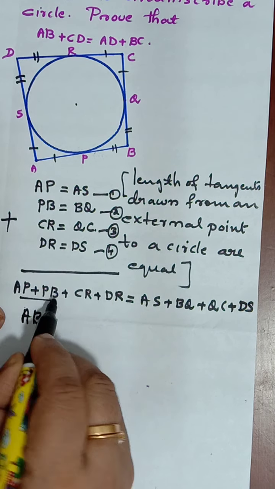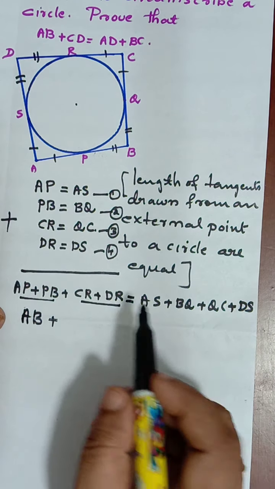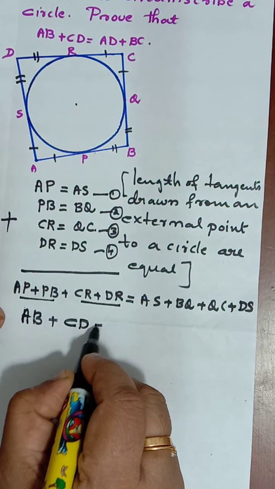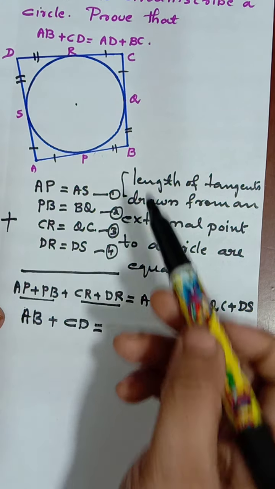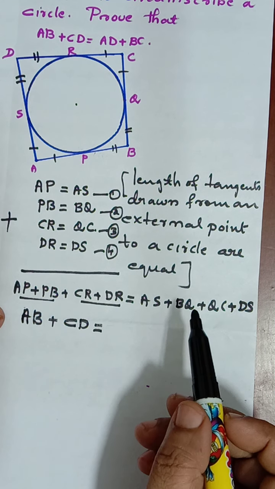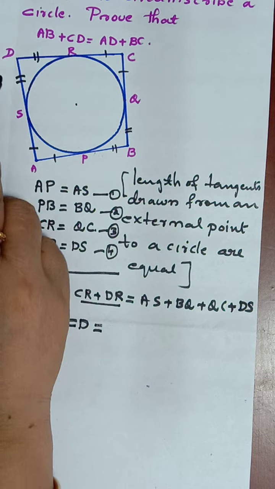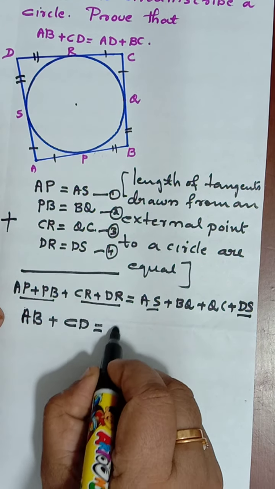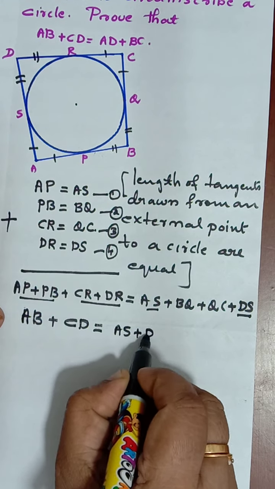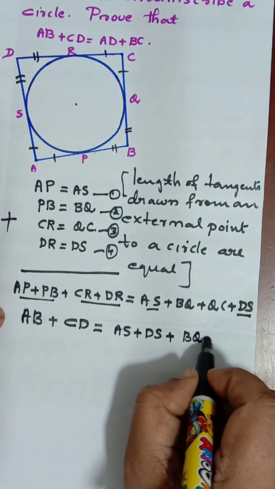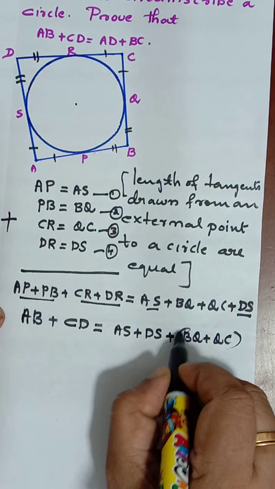And CR plus DR is equal to CD. That is equal to what we have to get as AD plus BC. Let us see the parts of AD: AS plus DS. Here we have AS and DS. Bring them together, AS plus DS. Then the other two we have, BQ plus QC. So let them be together.